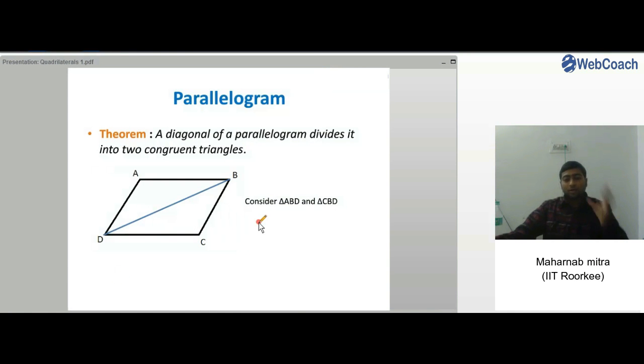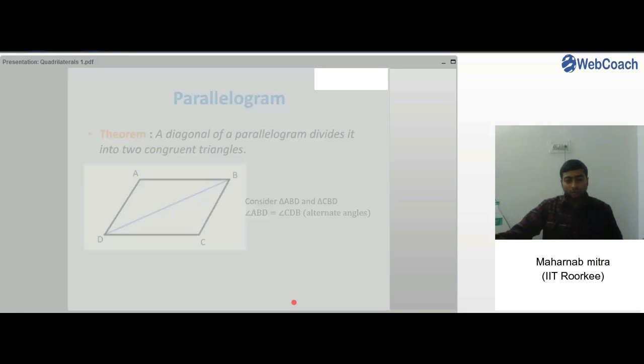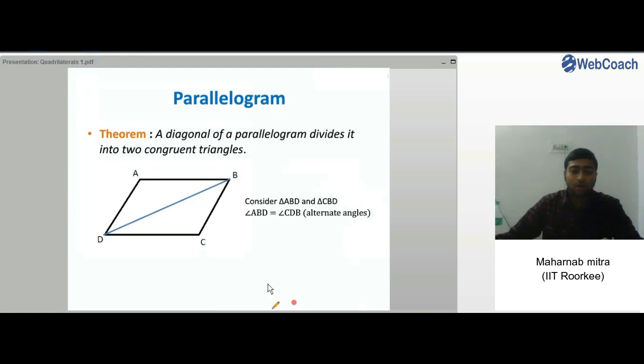So let us consider two triangles, triangle ABD and triangle CBD, right? We are considering these triangles, right? Now we will find out whether the two triangles are equal or not by using different rules of congruency. So let us see what rule we can find.